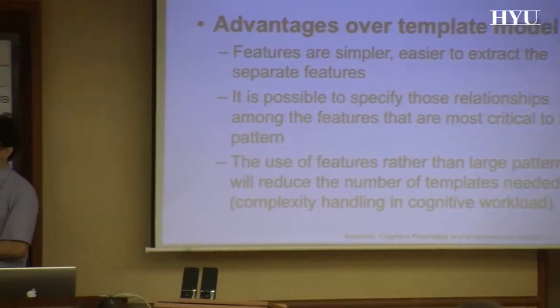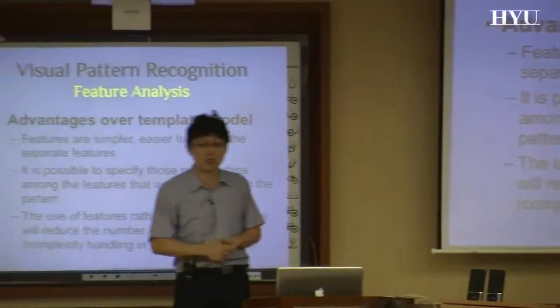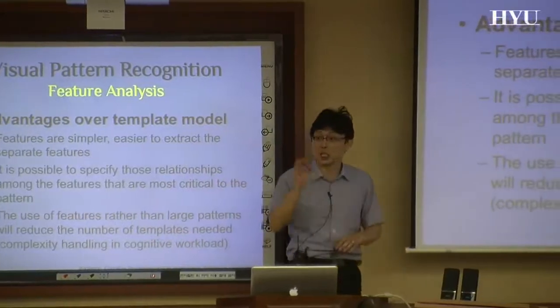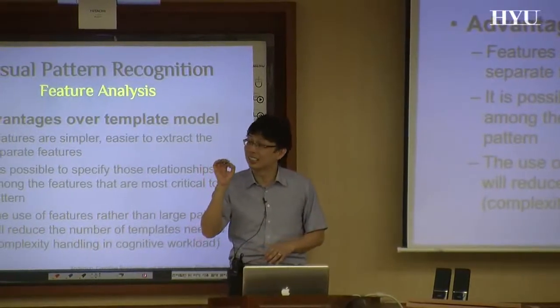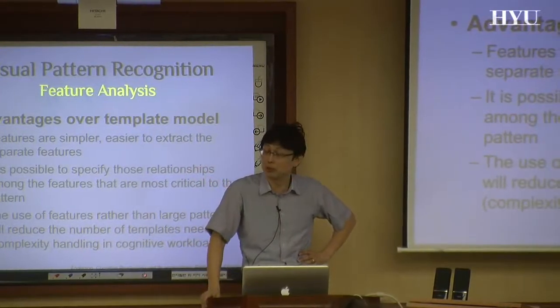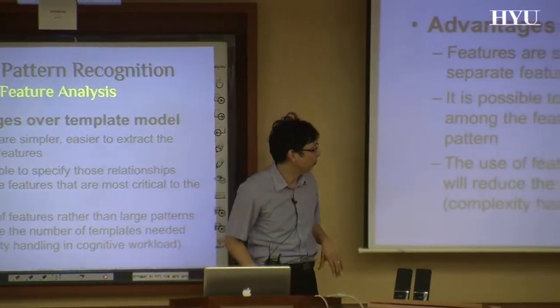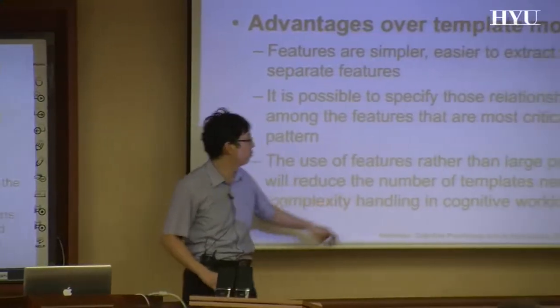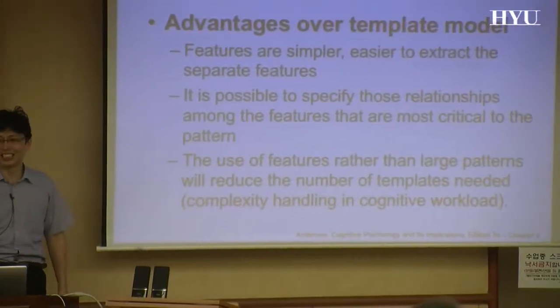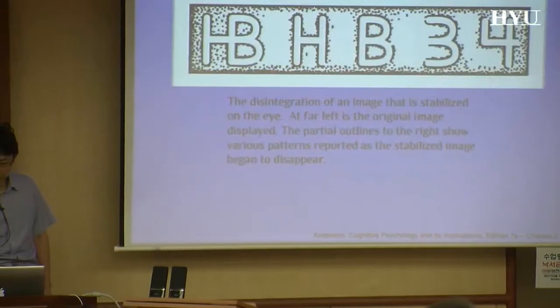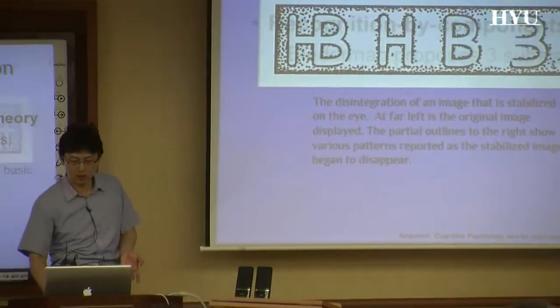So pattern recognition uses many of these feature analyses. The example of pencil sorting yesterday is also an example using feature analysis. A problem is that complex handling is needed, a cognitive workload, for your self-study.